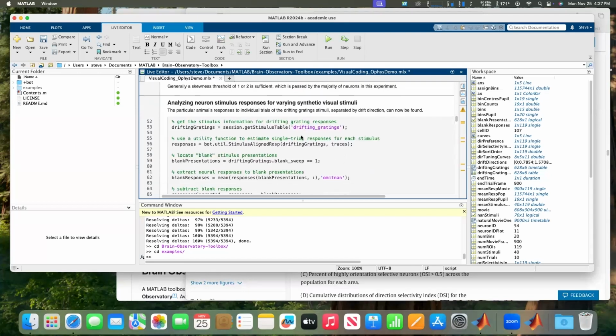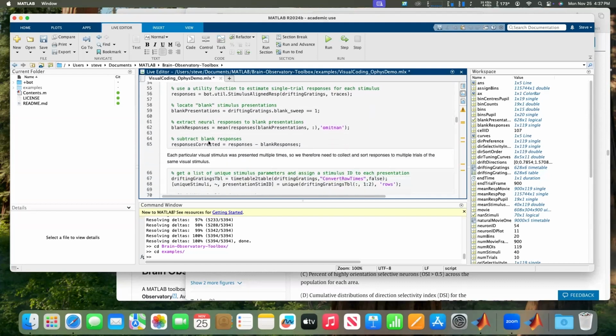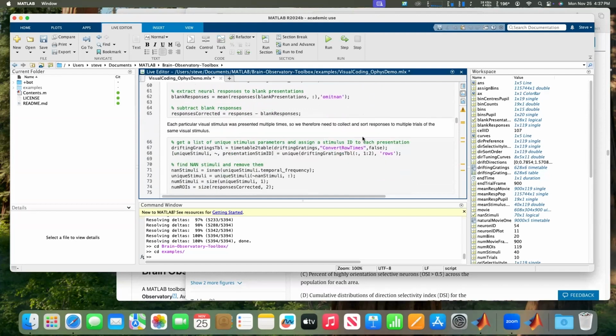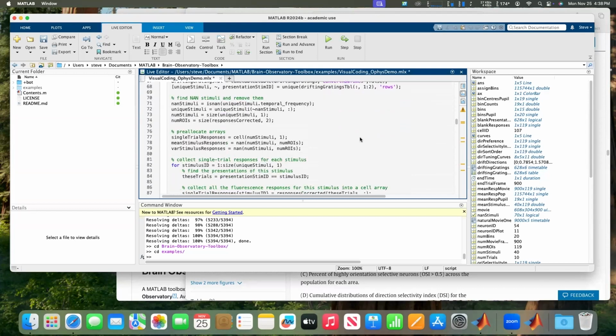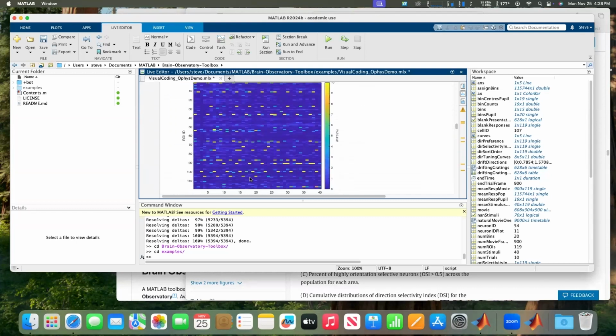We can also look at the responses to different stimuli, such as drifting gratings, and we can correct the responses so that we can measure the response during blank stimulus presentations and examine the responses of these some 120 neurons to 40 different visual stimuli.